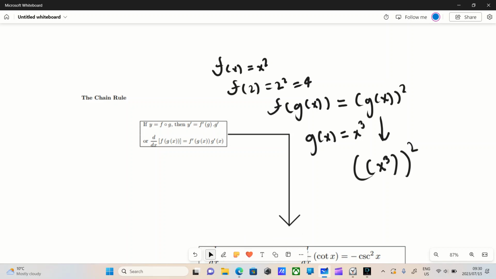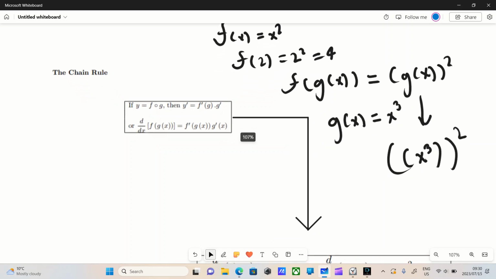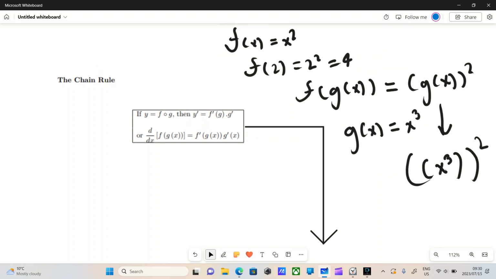So let's actually examine the chain rule here before we go forward. Notice, if y is equal to f composite g, then the derivative of y is equal to the derivative of f multiplied by g multiplied by the derivative of g. That one is a little weird. Look at this one.